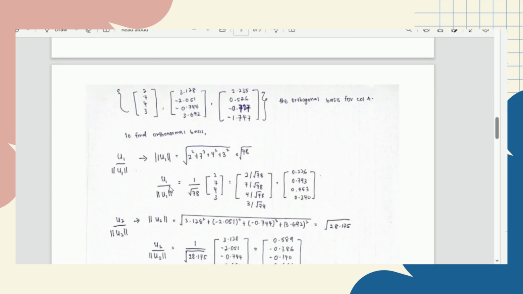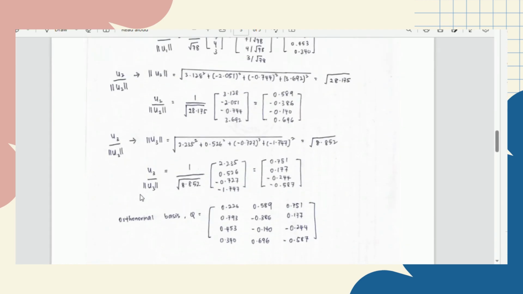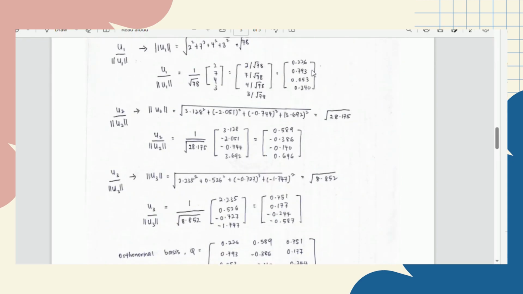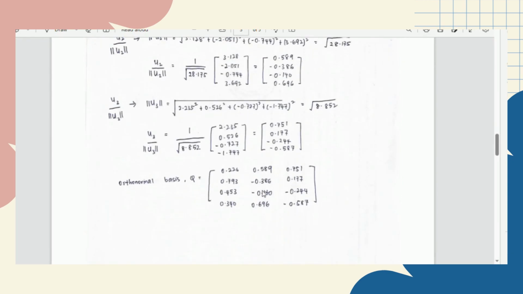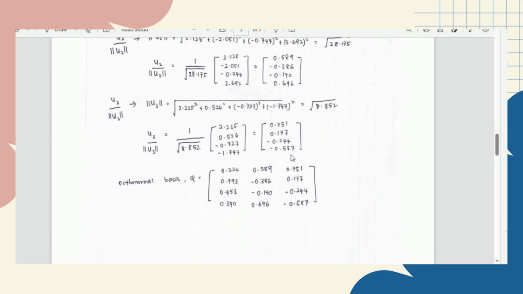Then I will divide the U1 matrix by it, and I can write this answer either as a fraction or in decimal. The same goes for U2 and U3. Finally, I have found the orthonormal basis, which is my Q. The first column is my U1, the second column is my U2, and the third column is my U3.